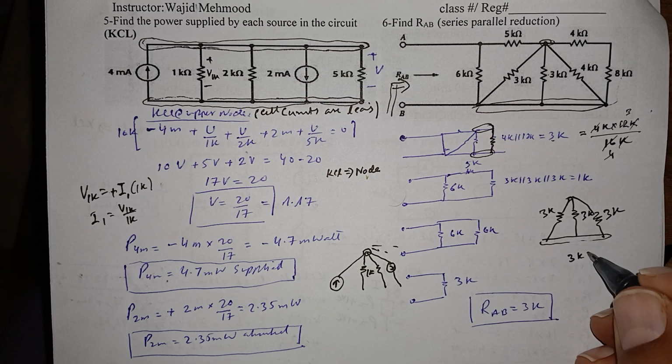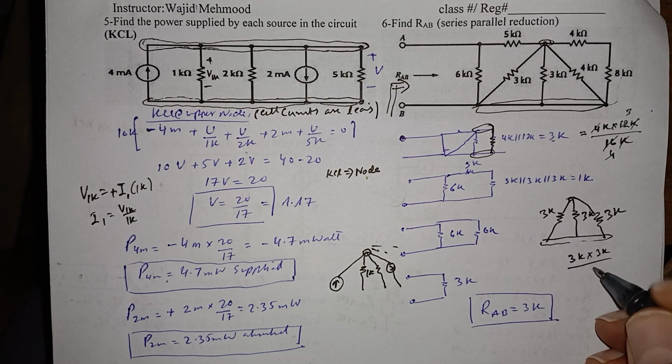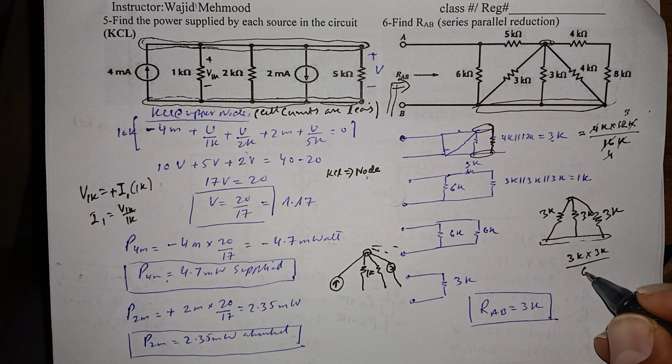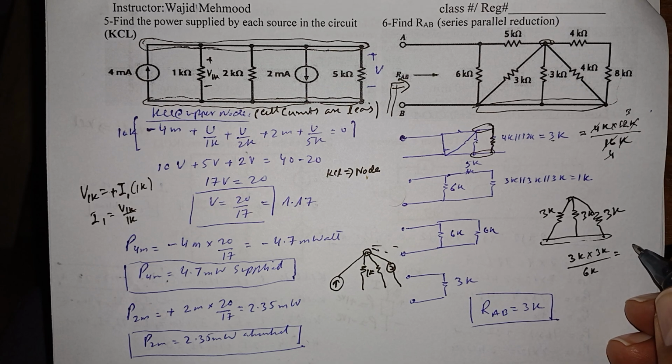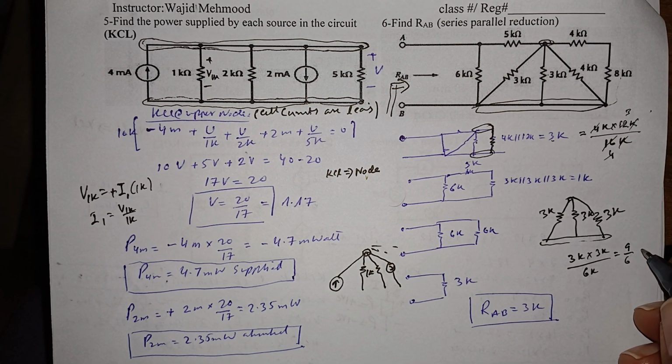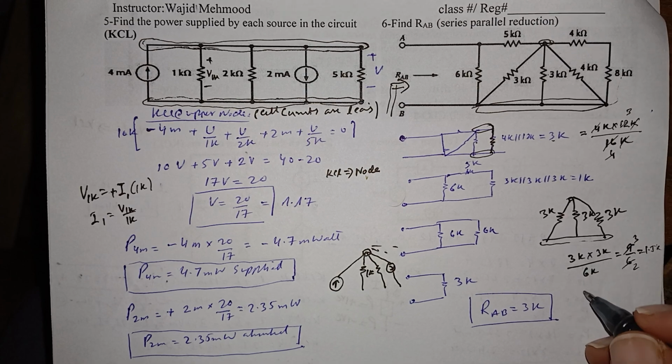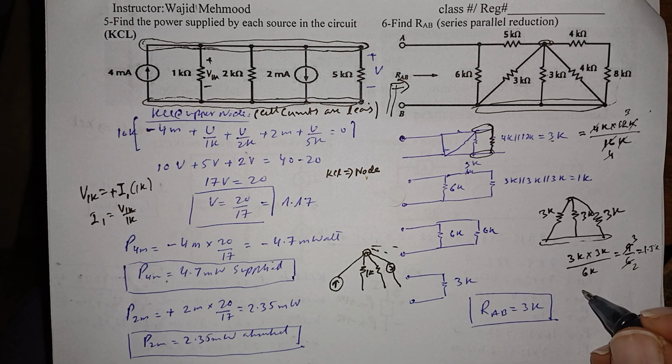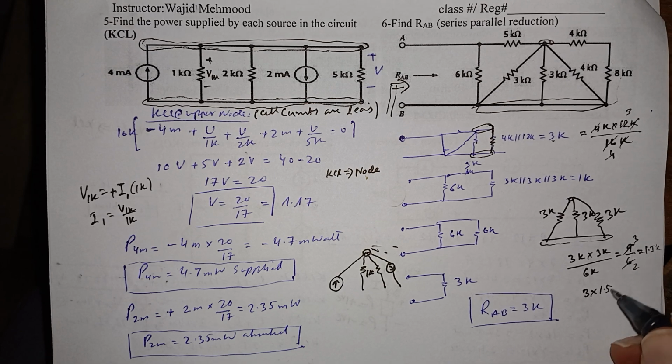So 3K multiplied by 3K divided by their sum, which is 6K. It is 9 by 6K, which will be actually 1.5. 3 3s are 9, 3 2s are 6, and this is 1.5K. And if you reduce further 1.5K with 3K, so their product divided by their sum, this is 1.5 times 3 is 4.5 divided by 4.5, this is 1K.